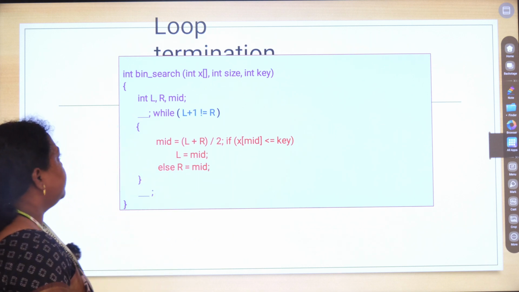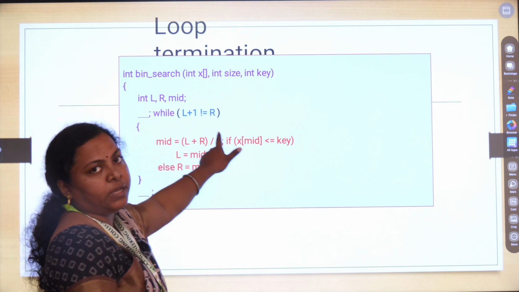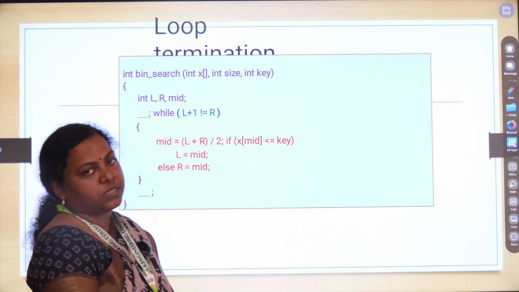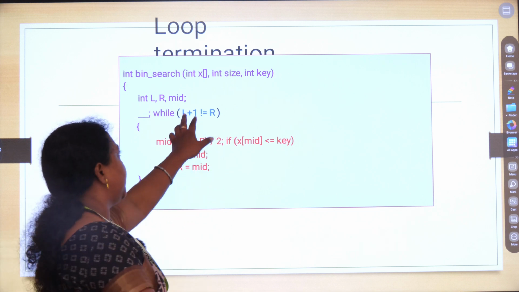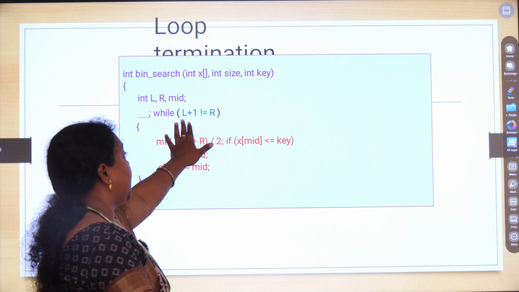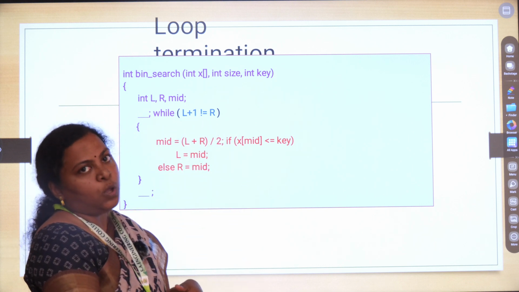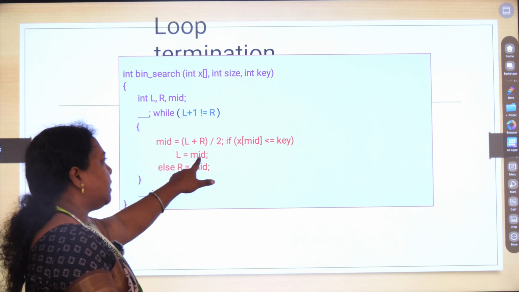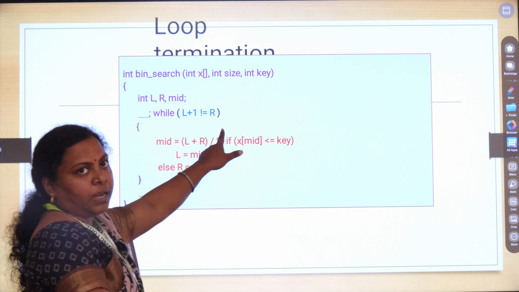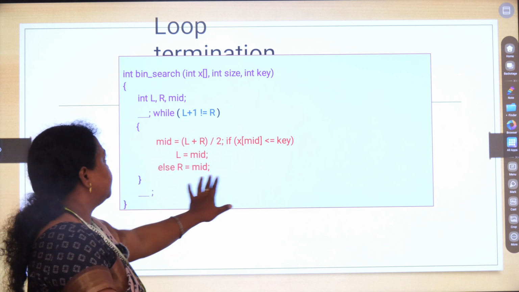You can see here the condition that we are going to check is L plus 1 is not equal to R. That is the final condition that we are going to check. When L plus 1 is equal to R, we stop the operation. Until then, the mid value is calculated based on L and R, and the L and R values have been adjusted.